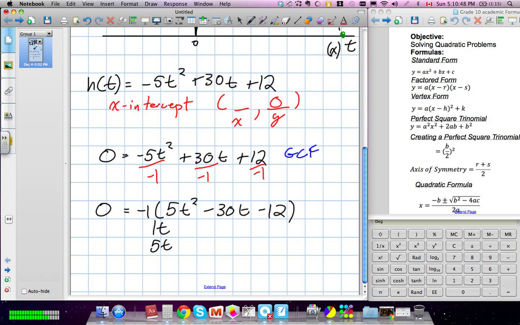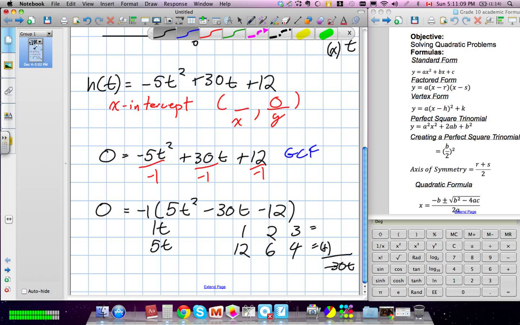Yeah. 2 and 6 and 3 and 4. Great. And we know that we've got to figure out what? Two numbers that add up to 30. Add up to just 30? Negative 30. Negative 30t. Okay. So quickly looking at this while I'm making boxes, what do you think we're going to end up using? We might have to trial and error.